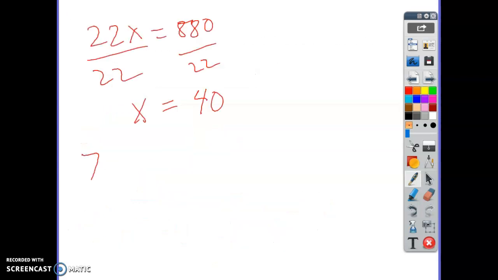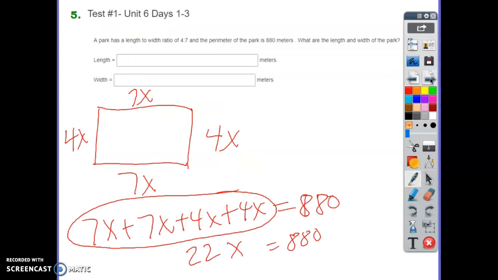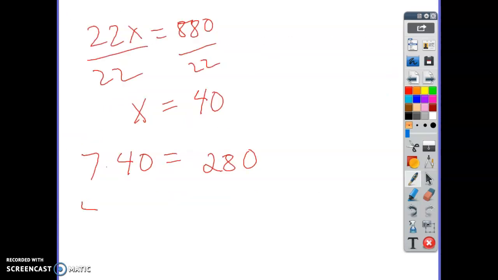So the length is 7 times 40. 4 times 7 is 28, so we add a 0, 280. We have to be careful about which they're asking for first. The length is 280, and the width is 4 times 40, and that's 160.